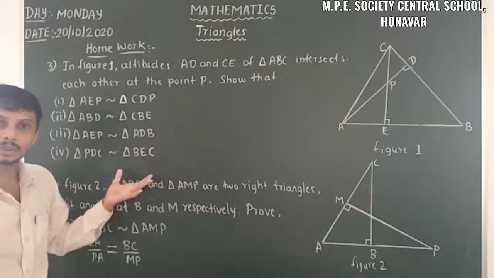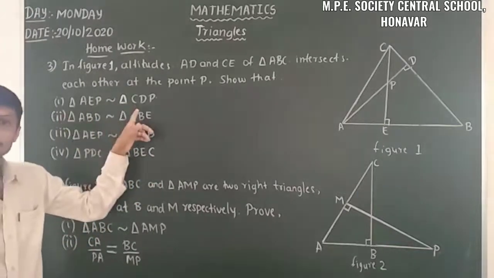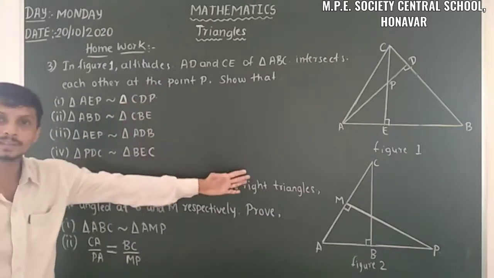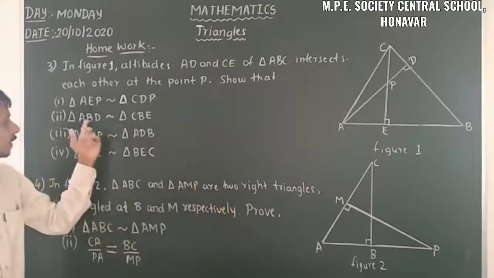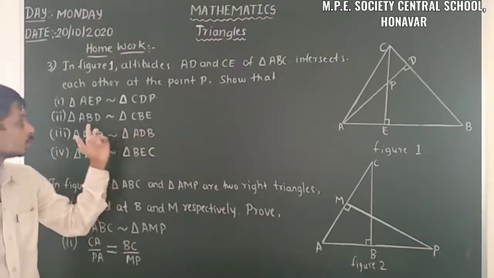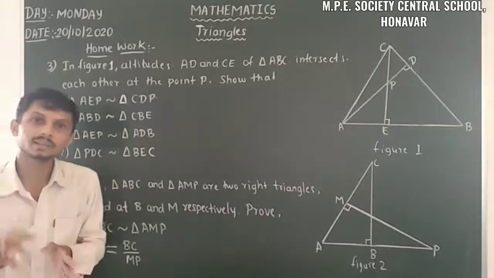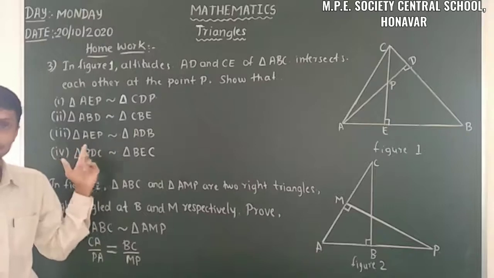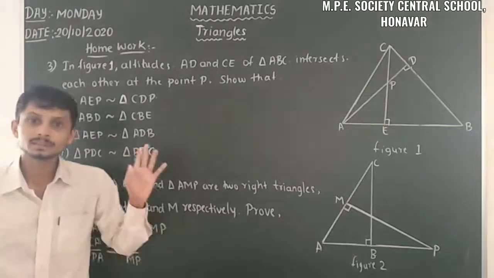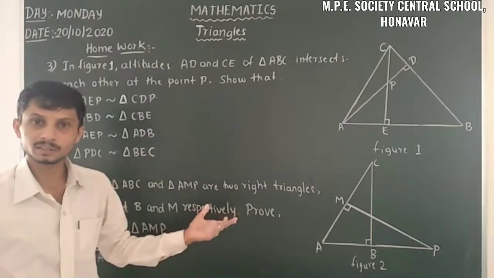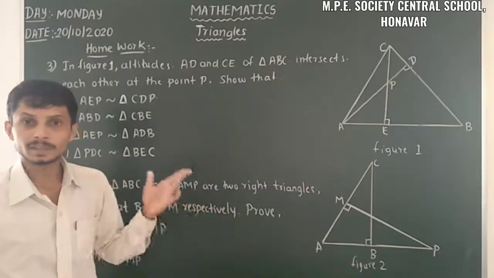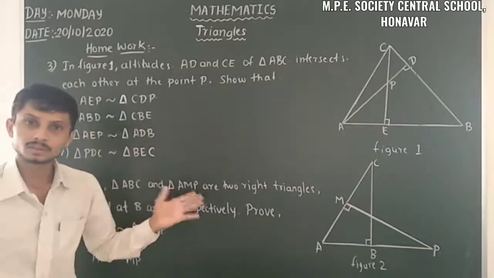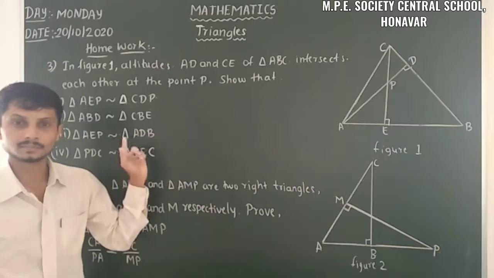Here we have to consider these two triangles, and then find two angles in them that are equal. And here also we have to consider those two triangles and take the AA similarity criterion, finding the two corresponding angles that are equal. So let us find those two angles in those triangles.